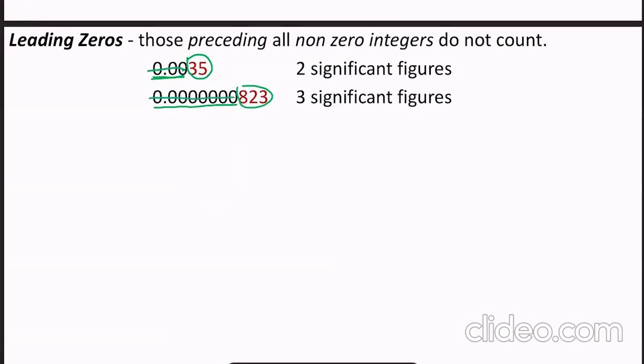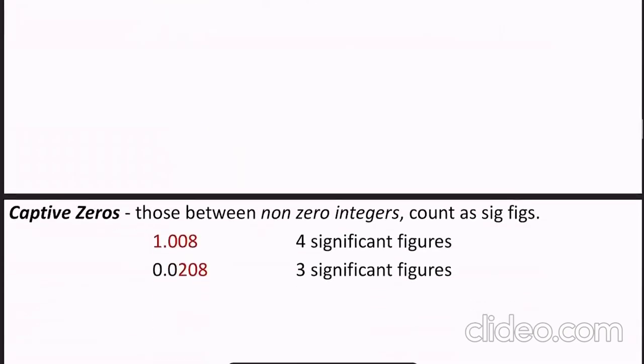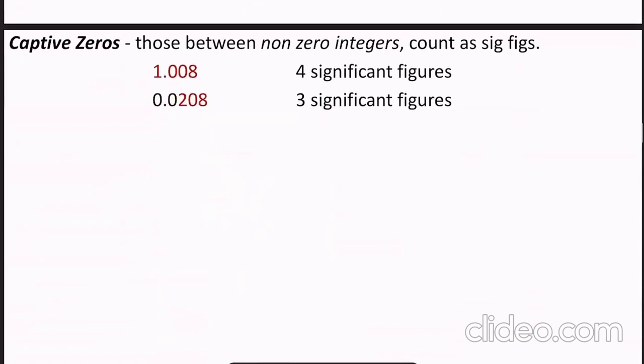There's no exception. There's no special rule. They're just always insignificant. It doesn't matter how many zeros I have, any leading zero is never, ever significant.